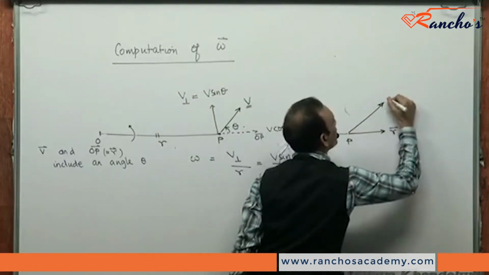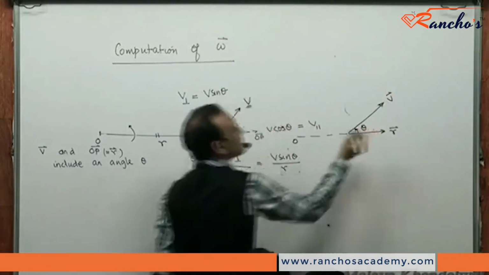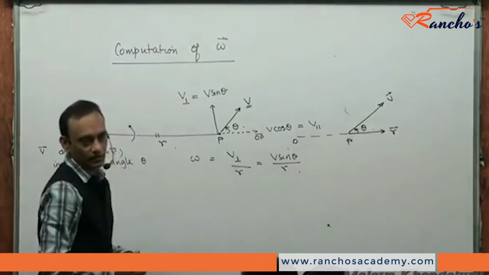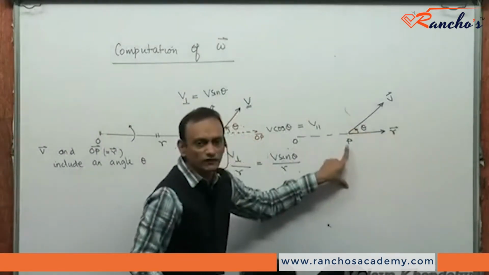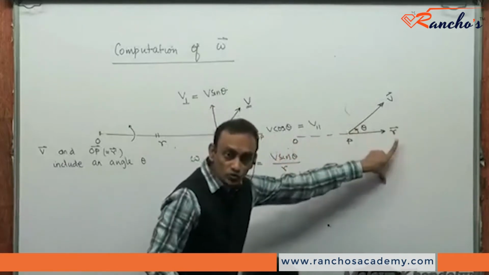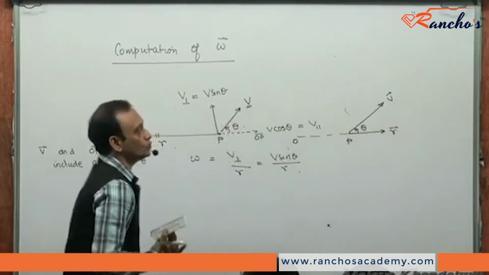This was my velocity vector v making an angle theta with r. R was what? The position vector of the particle as seen by O. Yes or no?